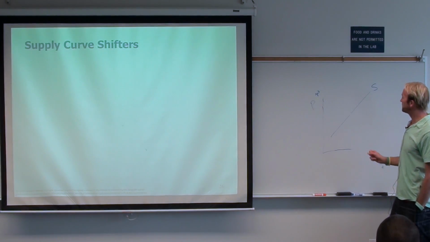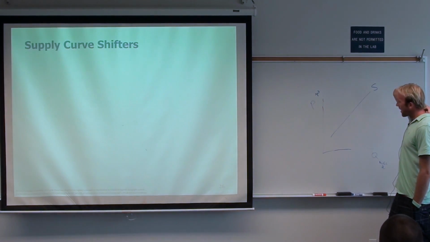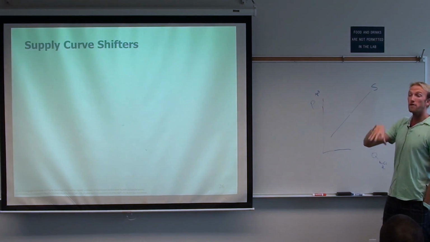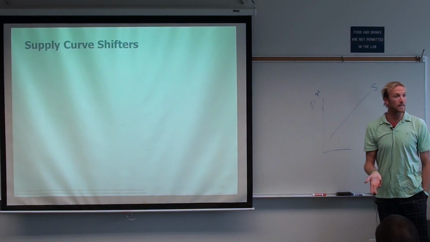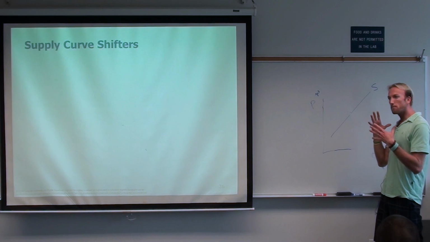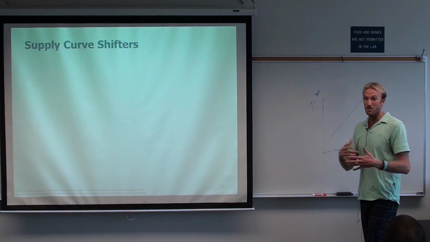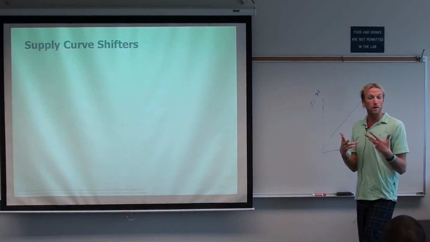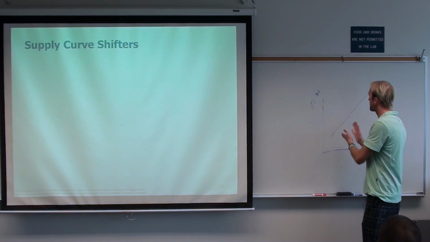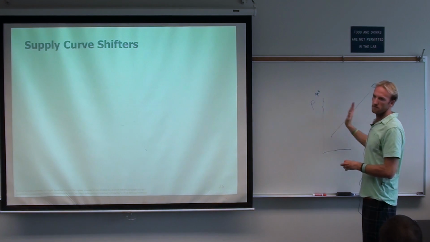All else being equal. If other things change, and it's likely that there are other conditions in the market that are going to induce sellers and suppliers to change the amount supplied, we have to incorporate that in our analysis by changing the supply curve.